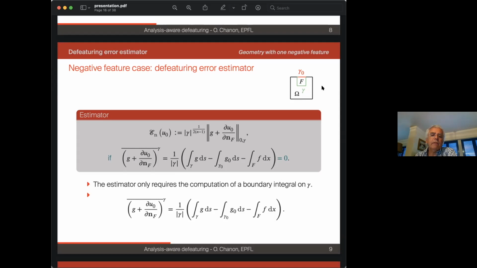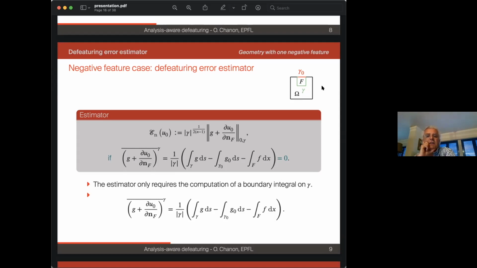Then in the case of a positive feature, a protrusion, it's a bit more complex, because first we need to know how to define the error, because what interests us is the energy error in the exact geometry. But in the case of a positive feature, the defeatured solution is not defined everywhere on the exact geometry, because it will not be defined on the positive feature. It doesn't exist. Exactly.